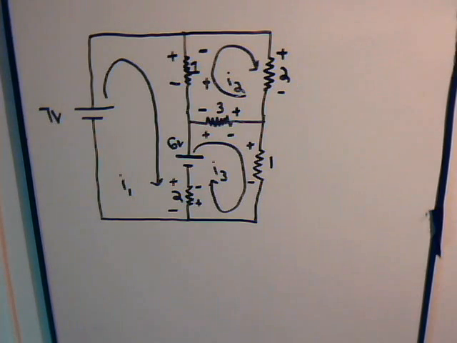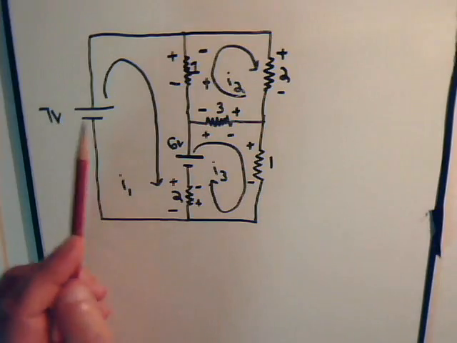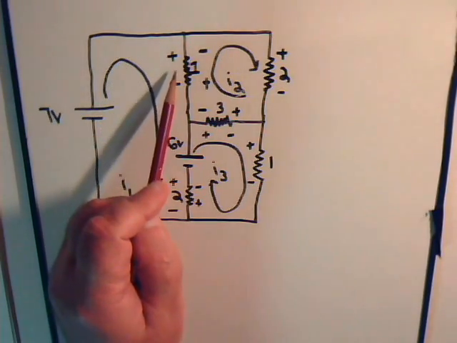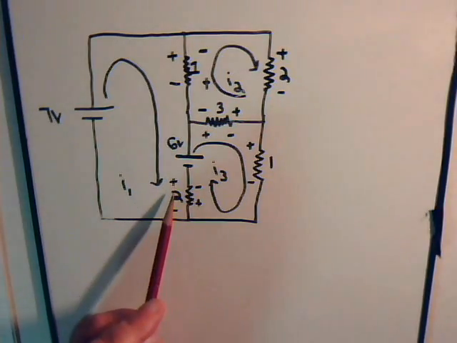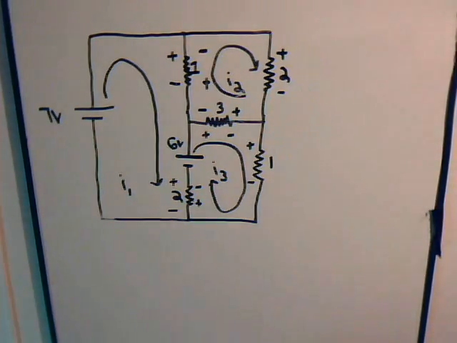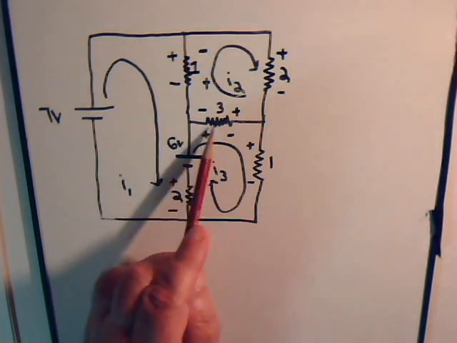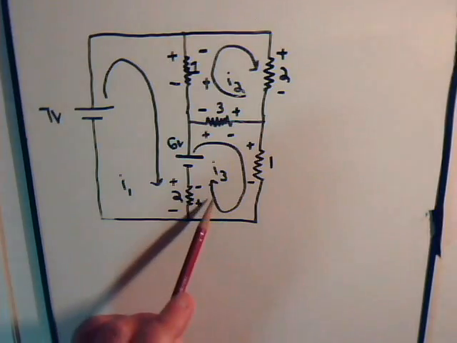Now, when we go back to here, we consider going around this first window, or this first loop, and all the voltages sum to 0. Same here, and then same here in this loop.